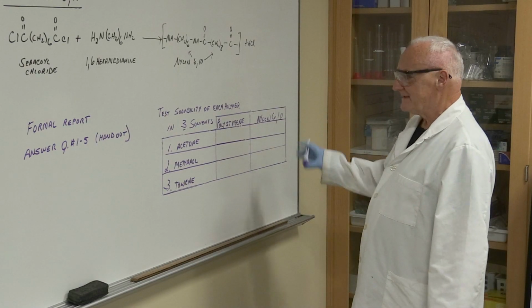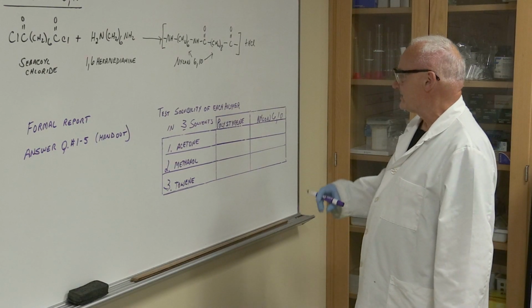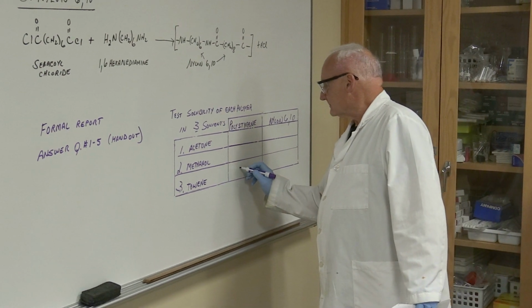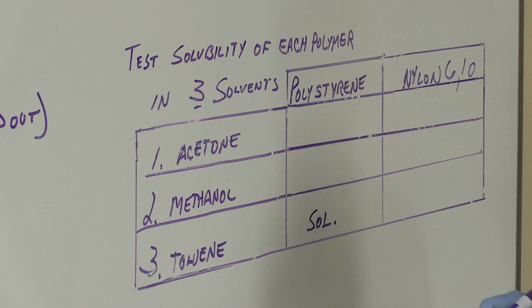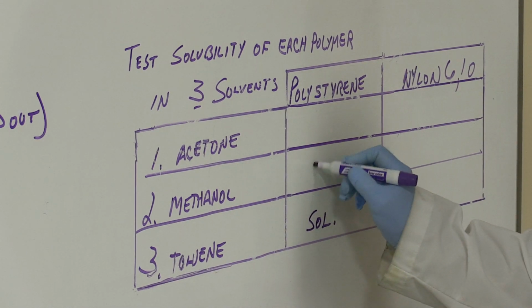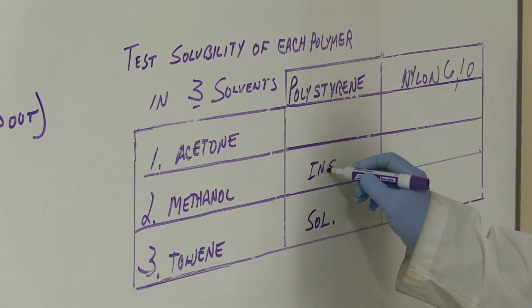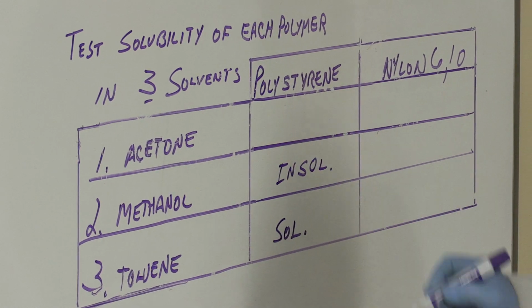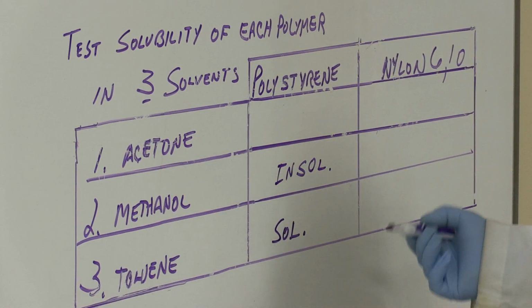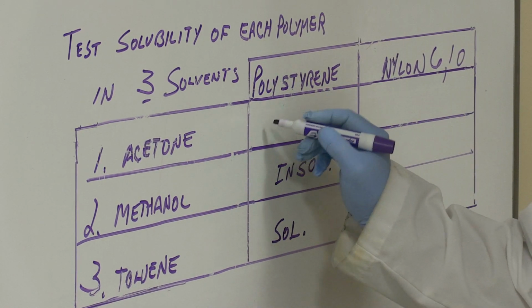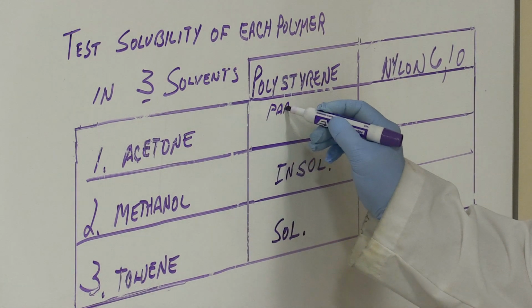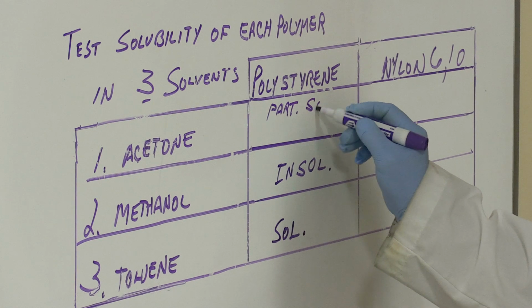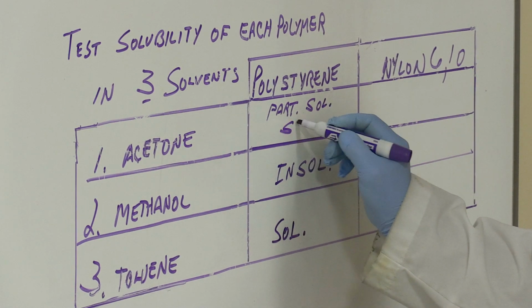Our solubility descriptions, as we just noted: polystyrene was soluble in toluene, insoluble in methanol, and partially soluble, very slowly, in acetone.